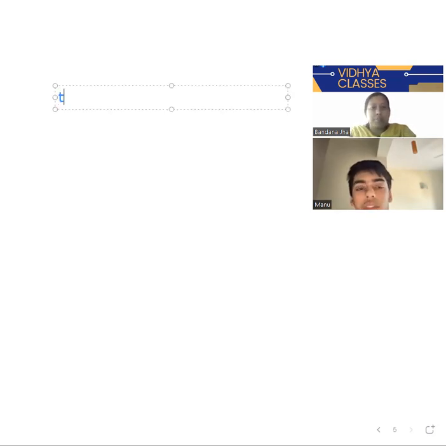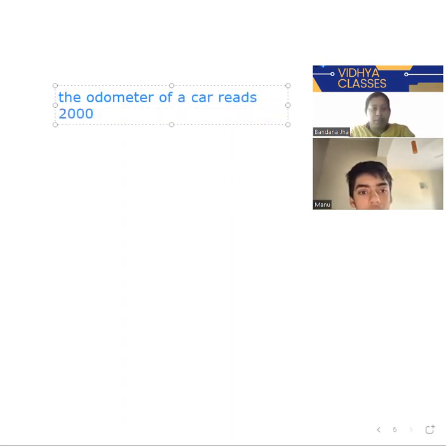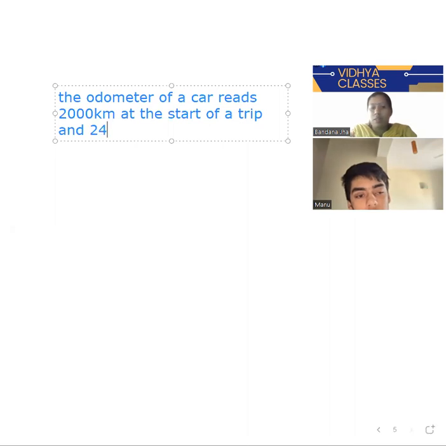Okay, this one is a little bit more tricky. The odometer of the car reads 2000 kilometer at the start of a trip and 2400 kilometer at the end of the trip.